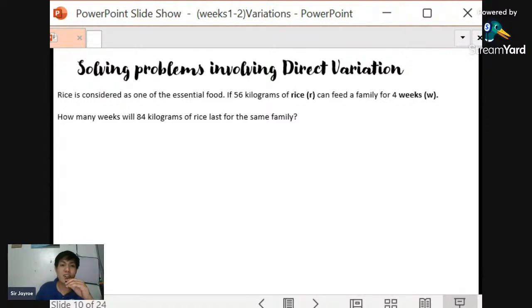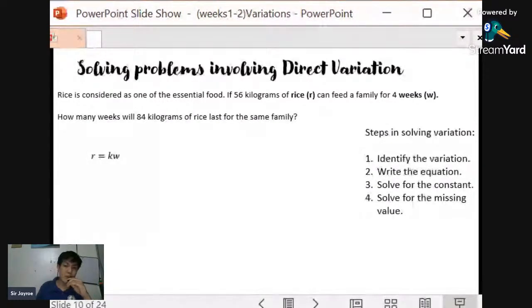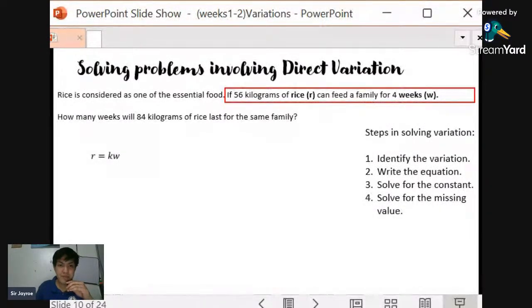Now, yun ulit. Saan mag-end at mag-stop yung first at saka second statement? Hatiin na natin. R is equal to KW. Kanina pa yan. Napakadali lang naman niya makuha ng equation. So the first statement is here.